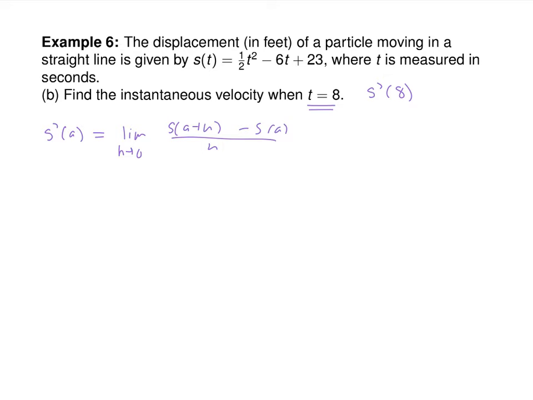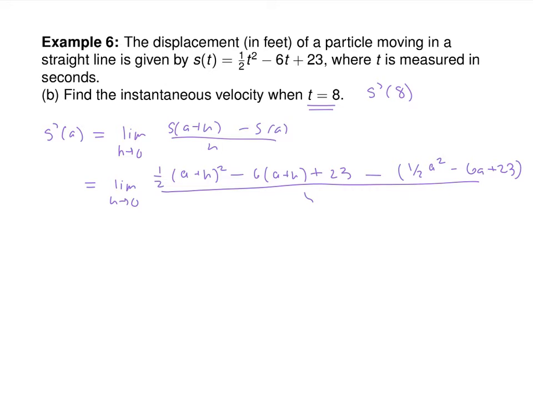Just tell me what you get when you plug in that stuff, and I'll tell you what the answer is going to be. So the limit as h goes to 0 of 1/2 times (a plus h) squared, minus 6 times, plus, great, minus, great.